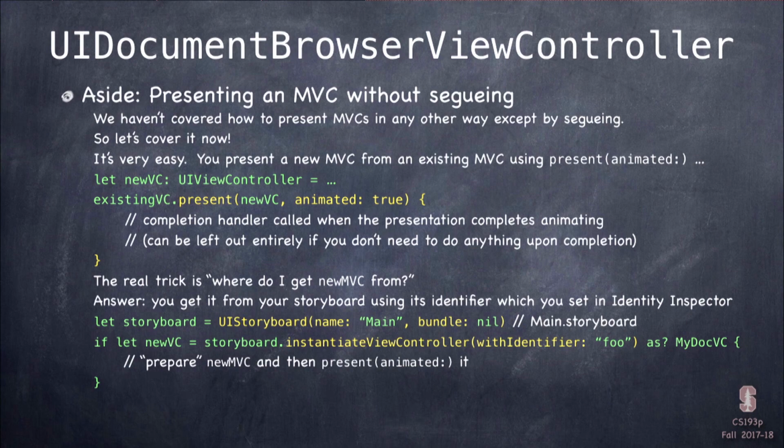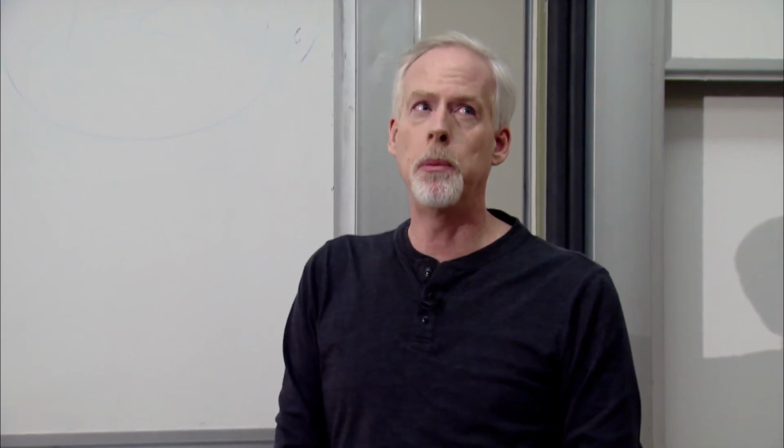And that foo that you have there is the thing that's in the identity inspector for the top level controller of that MVC. Now you just prepare that thing, in this case, by setting its document, and then you just present it. So it's really, really easy. instantiateViewController withIdentifier is the key method that you need out of Storyboard.